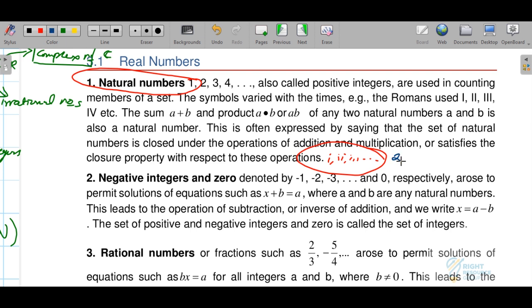For instance, if you pick 2 and 3, 2 plus 3 is equal to 5, which is an element of the natural numbers. And 2 times 3 is equal to 6, which is also an element of the natural numbers. So if you pick two natural numbers and perform addition and then multiplication, the result is also going to be a natural number.